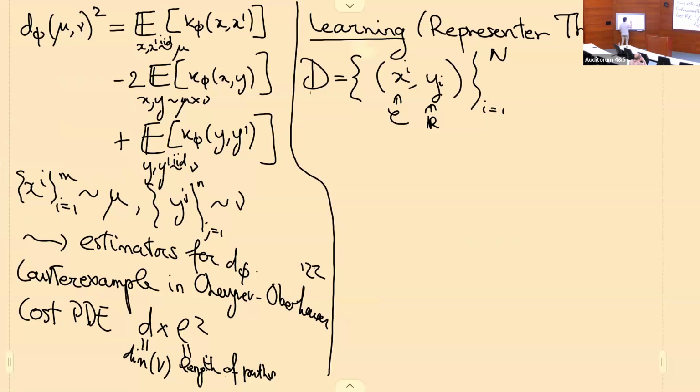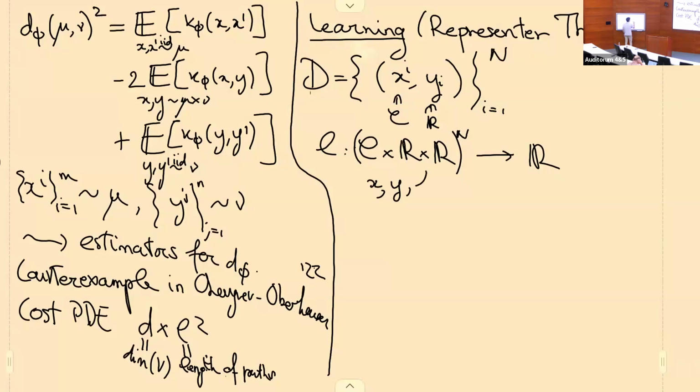Let little l be a map from paths times R, to the power n, because you have n pairs, to R. It takes a path x, it takes y, and also, for example, the evaluation of f at x.